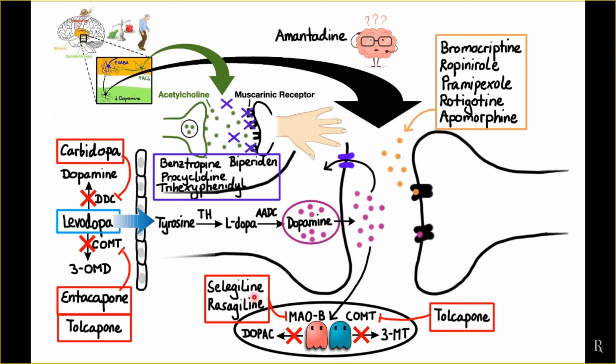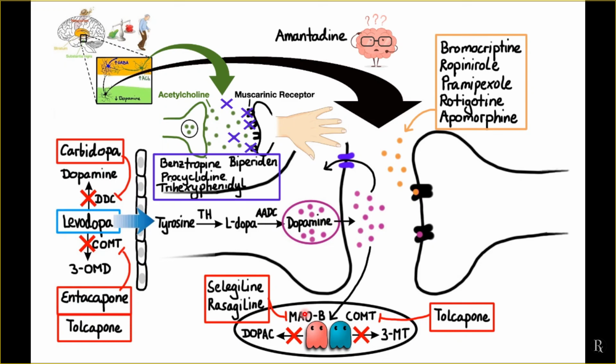These drugs also increase the amount of dopamine in the synaptic cleft by inhibiting the enzymes that destroy dopamine. That includes monoamine oxidase B and catechol-O-methyltransferase.